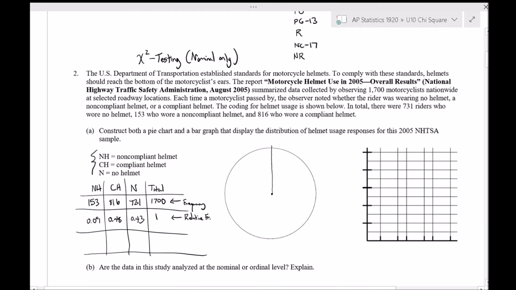It's been a while since I've done this, but what you would normally do for a pie chart is change those proportions to degrees out of 360, since a full circle is 360 degrees. For the first one, non-compliant helmets, 0.09 is basically 9%. 9% out of 360 degrees, hopefully you understand the process, is 32.4 degrees.